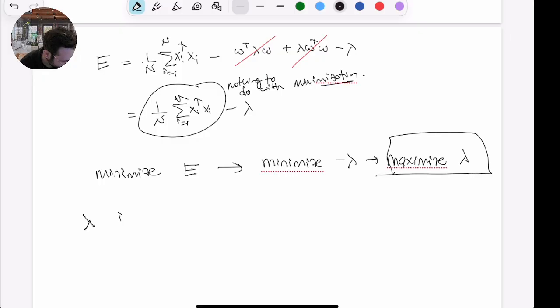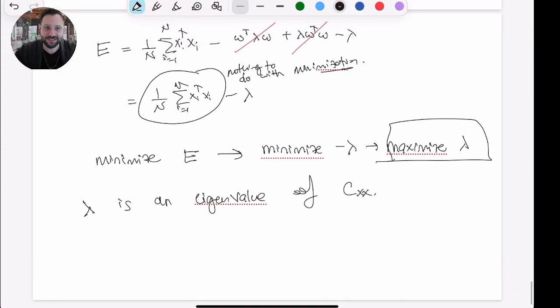Okay. And what was lambda? Lambda is an eigenvalue of C_XX. So the best of the bestest direction. So the best direction, therefore, let me make it bold, green.